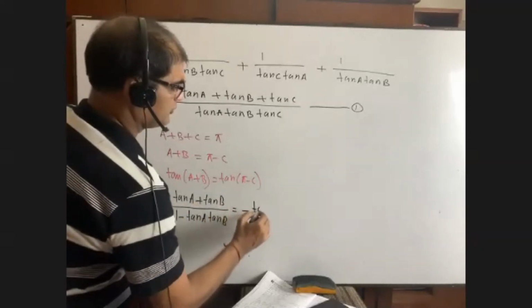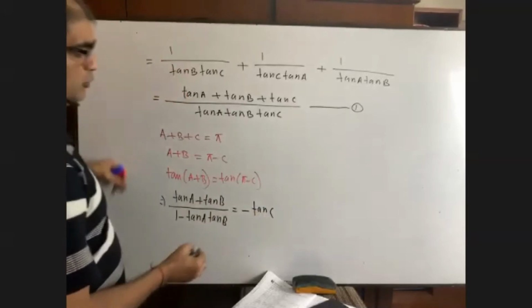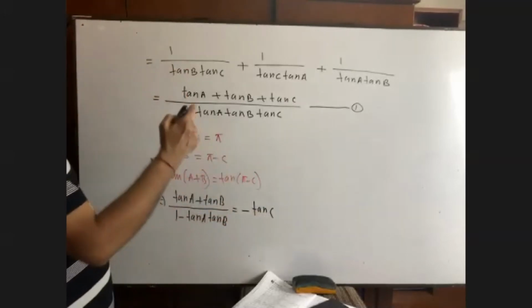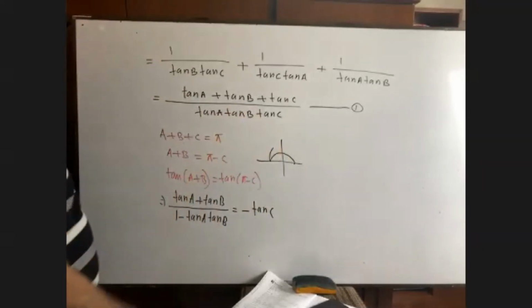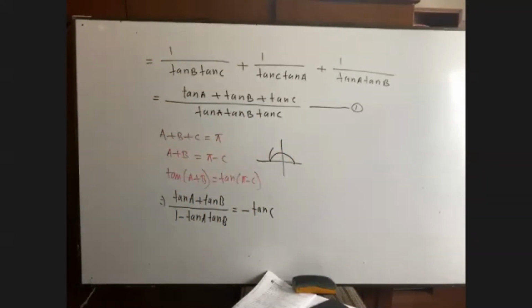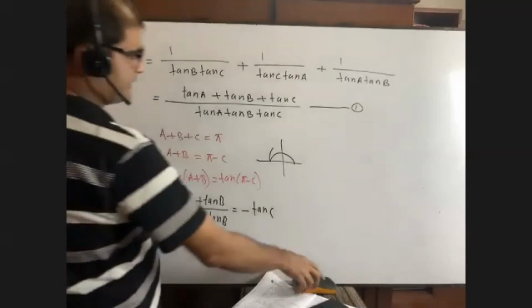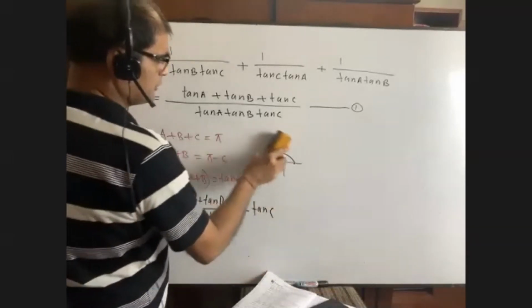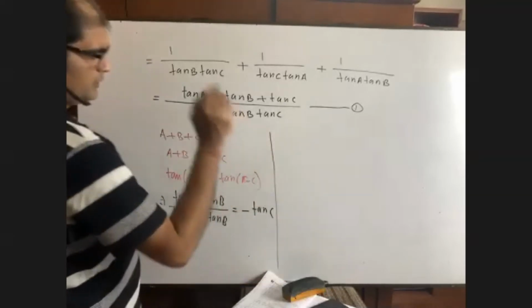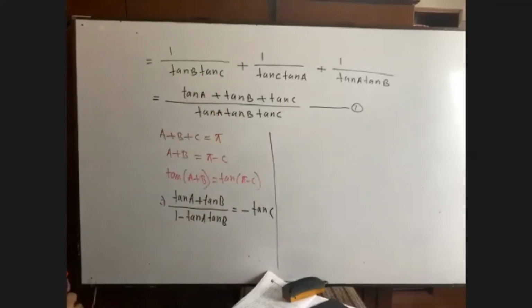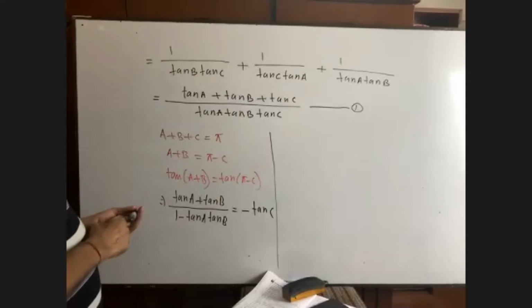Because it is in the second quadrant. In which quadrant does the angle lie? In the second quadrant, pi minus C. And we know, in the second quadrant, tangent is negative. So from here, we can write down, we multiply it, right?